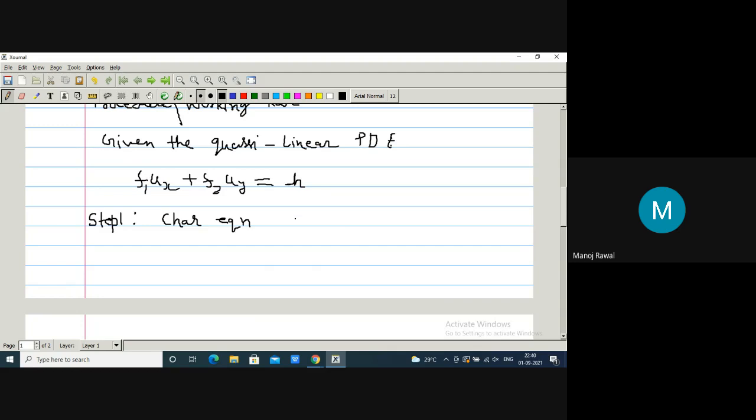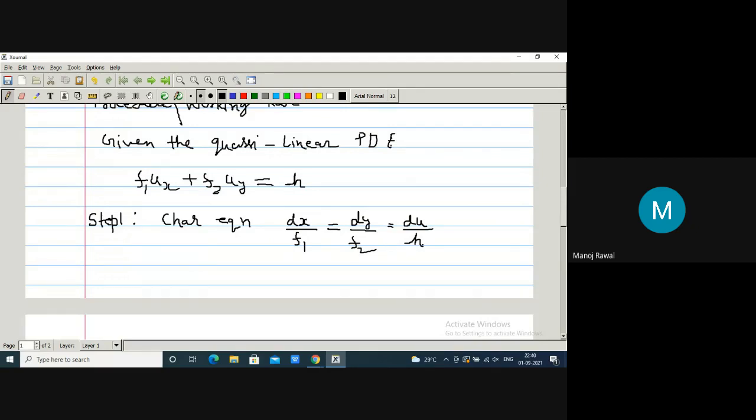So what will be the characteristic equation over here? Who would like to tell us? dx upon f1, dy upon f2, and on the right-hand side you will be having du upon h.